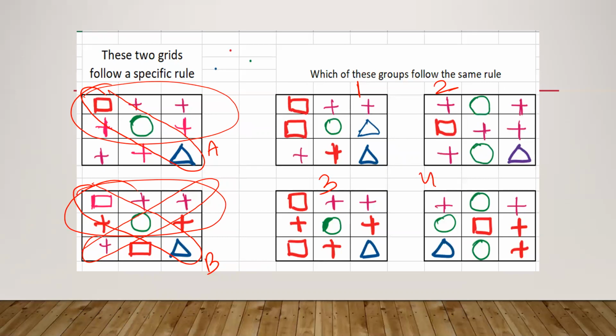So the first two rows are not same in any of the options that you can see. Then check diagonal wise. Diagonal wise, 1 is same and 3 is same.